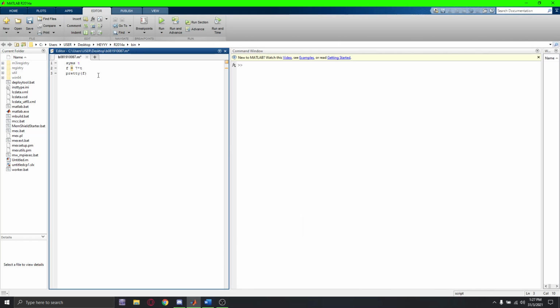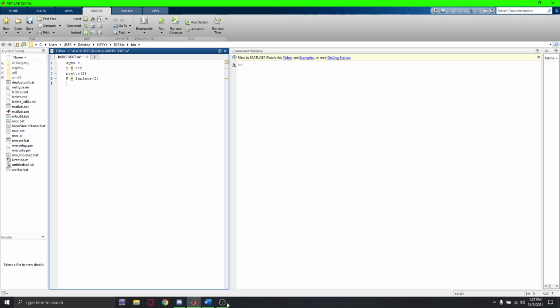Okay, so next we want to make the Laplace transformation of the equation. So we will use capital F equals to laplace of small f. From this we know that if we type this, the MATLAB will make a Laplace transformation from the f equation that we type in here.